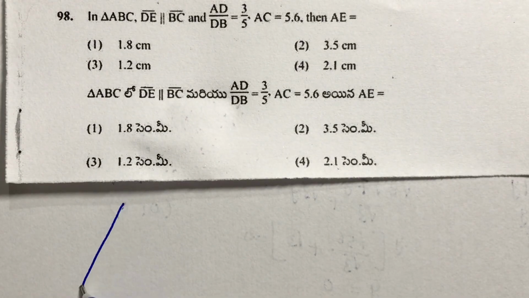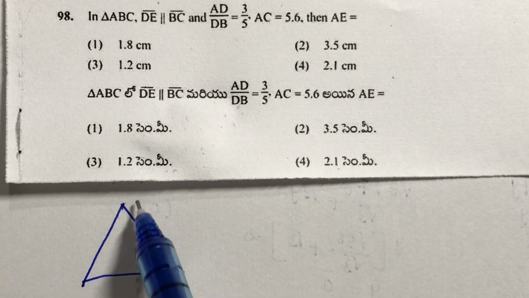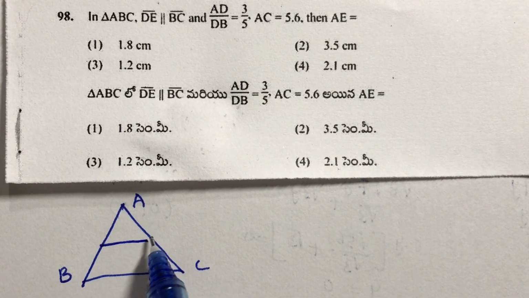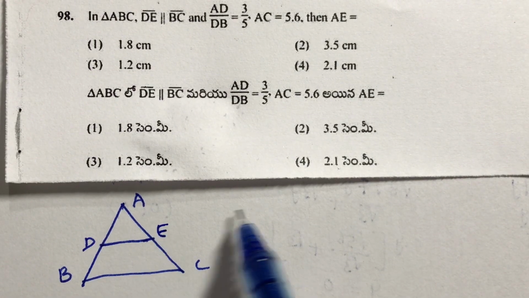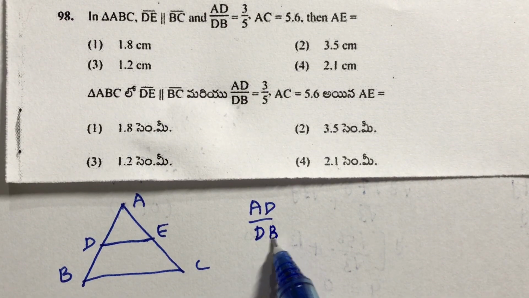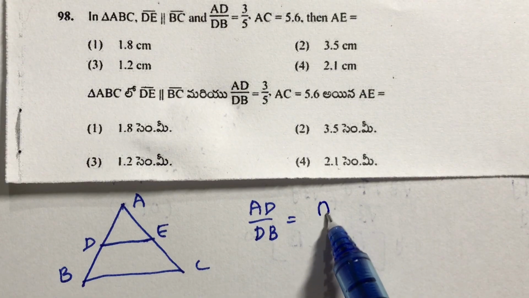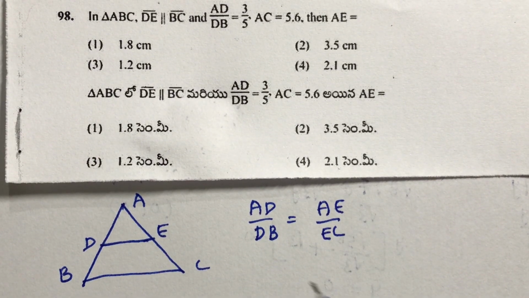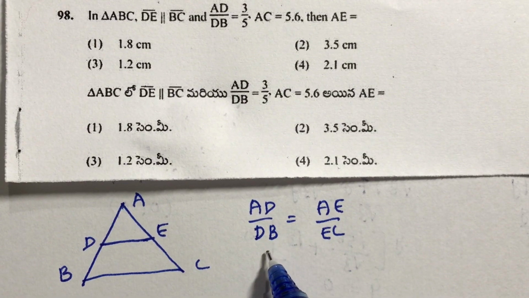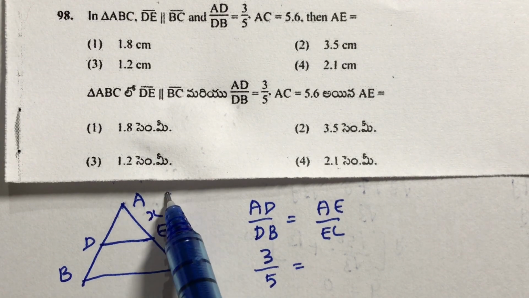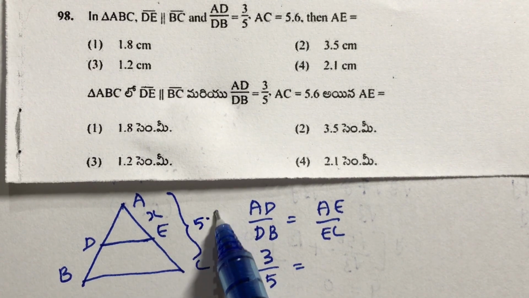Triangle ABC, DE is parallel to BC. So AD by DB equals AE by EC. AD by DB is 3 by 5. AE I need to find, so this I will consider as x. Total they gave 5.6.